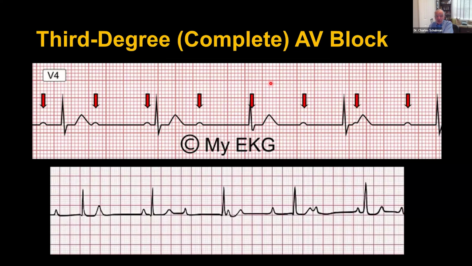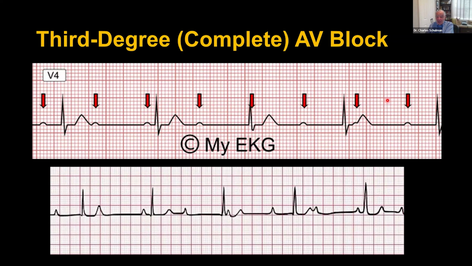Okay, so this is third degree, or complete AV block. And what you see is sinus rhythm at a rate of approximately 100, maybe a little less. And ventricular rate is in the high 50s, 55 or so.